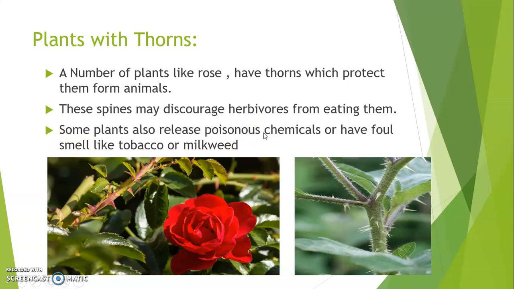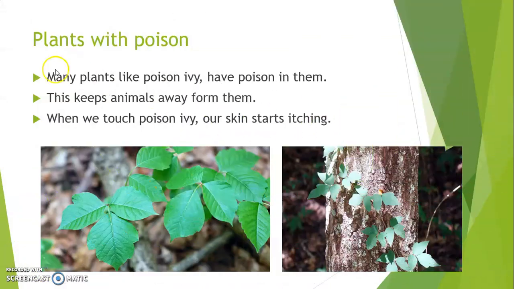Now let's see the other plants with poison. So you can see these plants. This is the poison ivy. So this is a plant which contains poison. This keeps animals away from it. Correct?